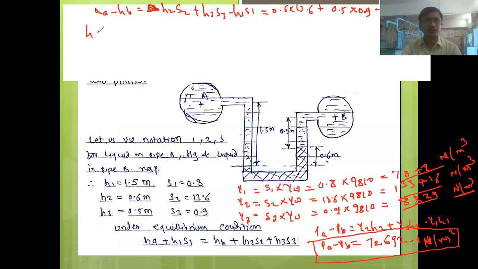So solve it, you will get HA minus HB. Solve it and tell me the value. 0.6 into 13.6 plus 0.5 into 0.9 minus 1.5 into 0.8 gives 7.41.